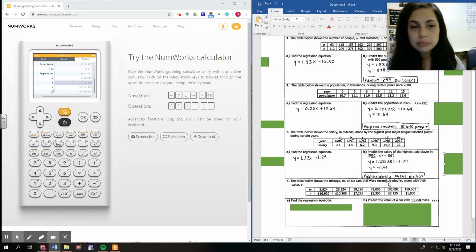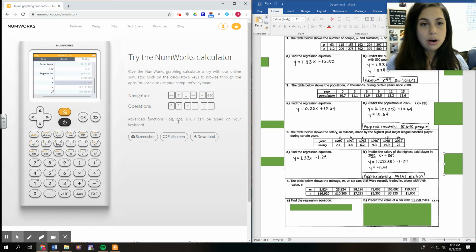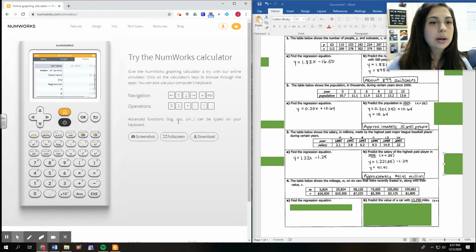All right, and the last problem here, the table below shows the mileage M on 6 cars that were recently traded in along with their value. Okay, so a car that had mileage of 5824 had a value of $16,920. Okay, so this is what we're going to put into our calculator over here.